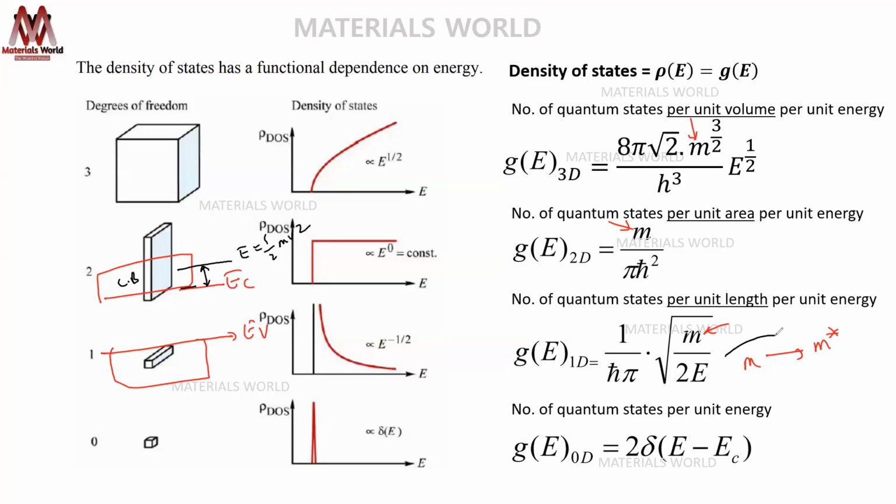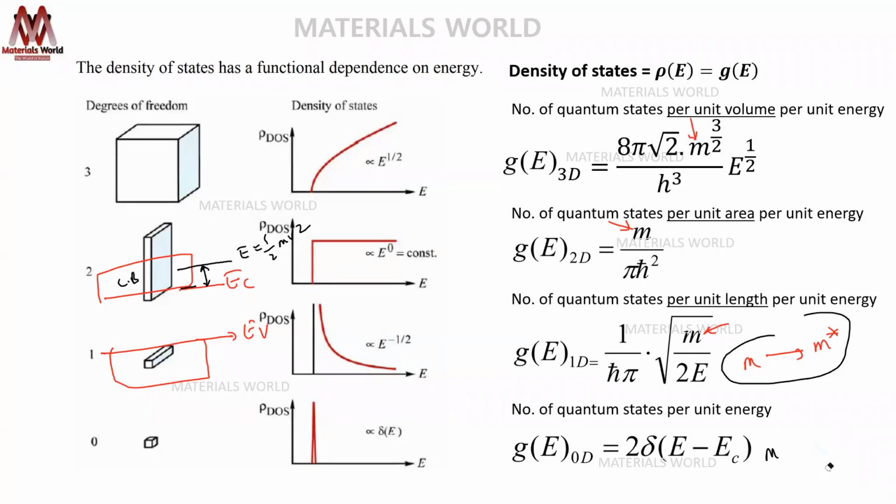So this mass will no longer be the rest mass. It will become the effective mass, slightly lower than the rest mass because of motion. M star is m by root over 1 minus v square by c square. If you increase the velocity, the rest mass, your actual mass, will decrease. This is the theory of relativity from Einstein.